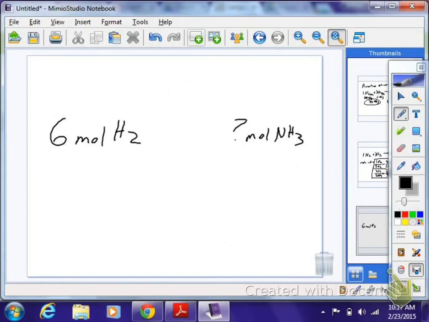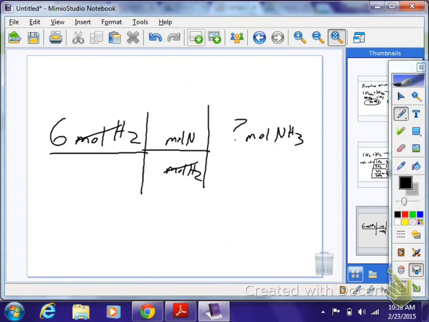So, when we take a look at our equation, we're going to put our mole ratio in this fraction, and then we have to be descriptive of what we need to cancel out and what we need to find. So, moles of H2 need to go down below because they have to cancel out. And then up above, we need moles of NH3 because those are the units and that's the product we need to find an answer for.